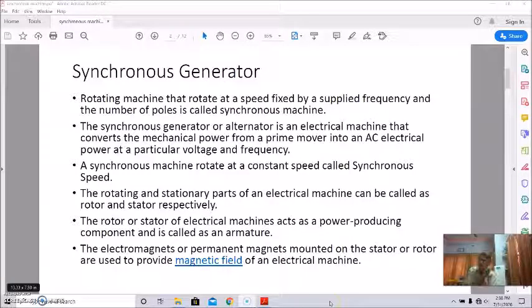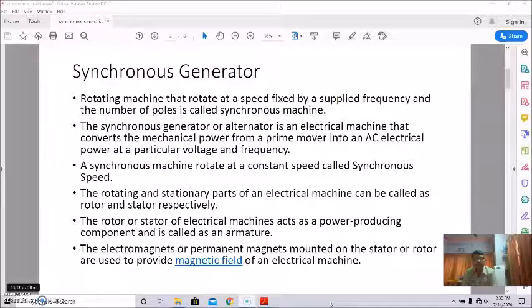Like all other machines, all machines can be operated as a motor as well as a generator. The basic difference is the input and what output we actually require. Synchronous machines can also be operated as a synchronous generator, which is commonly known as an alternator, and is widely used in today's power generation field.